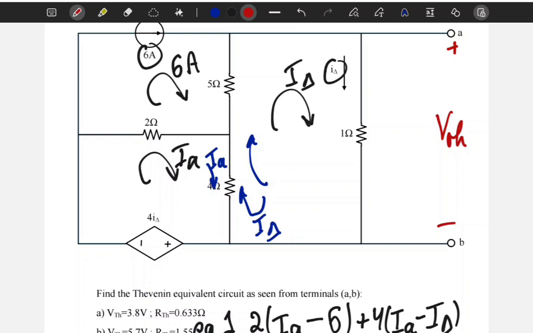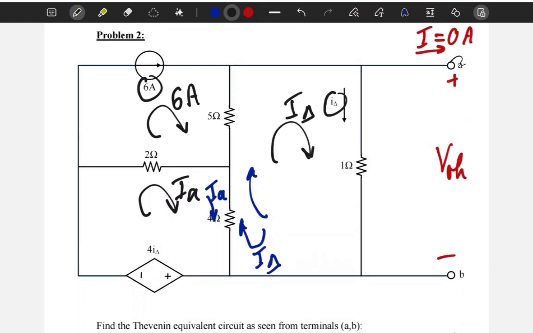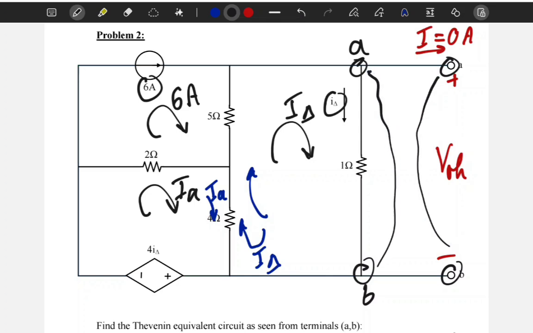Now, how would you do Thevenin? You can see that the Thevenin terminals A and B are in parallel here. So this is also A, this is also B. So the voltage from here to here is also the voltage from here to here. A and B are parallel with this 1 ohm resistor.